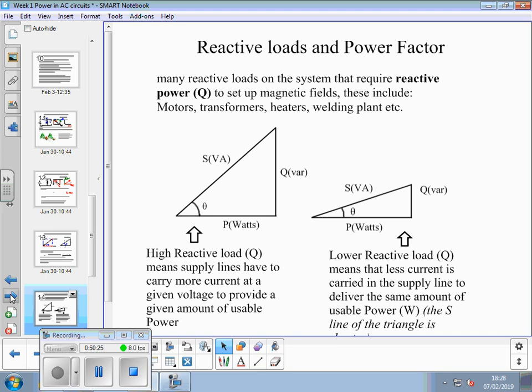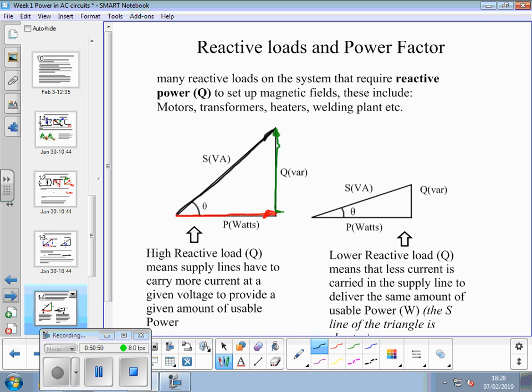So we've got this given amount of usable power on the bottom line, and the more Q we have, the bigger the apparent power, and hence for the same voltage, the more current we're going to draw.